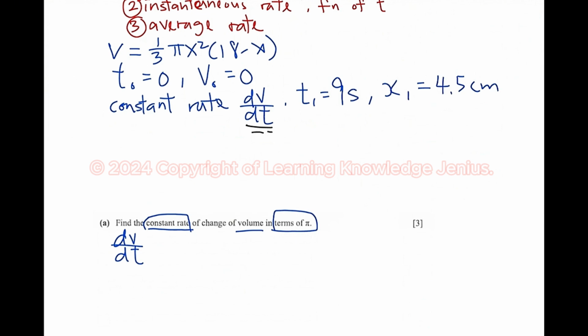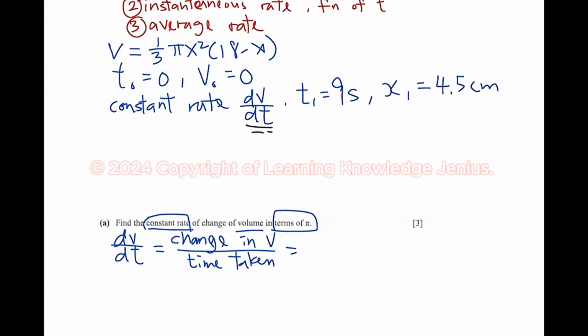So, okay. To find the constant rate, as I mentioned earlier, it is constant throughout the entire time. So to find the constant rate, the definition is the change in volume divided by the time taken.